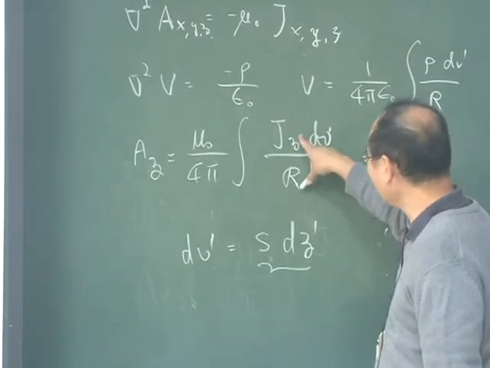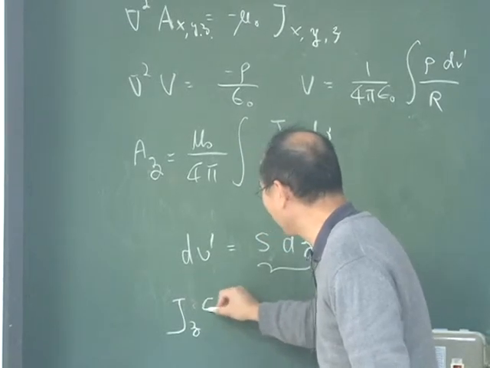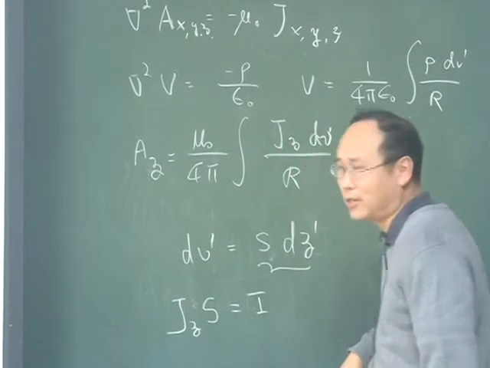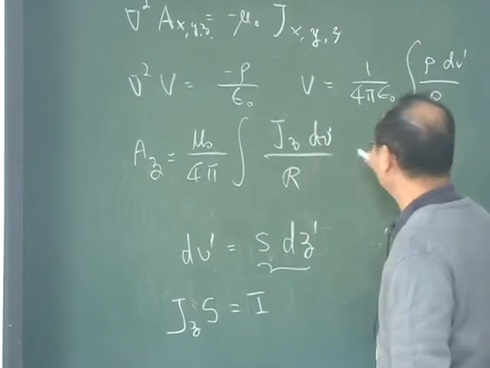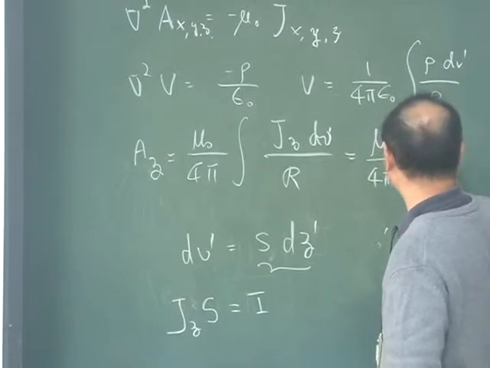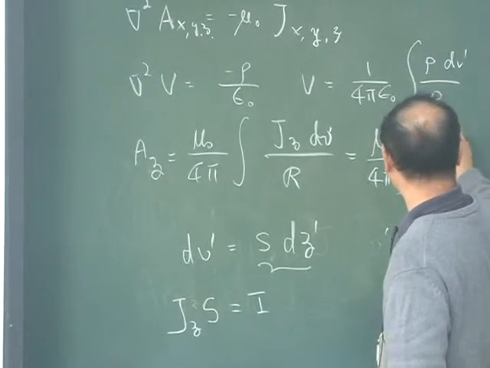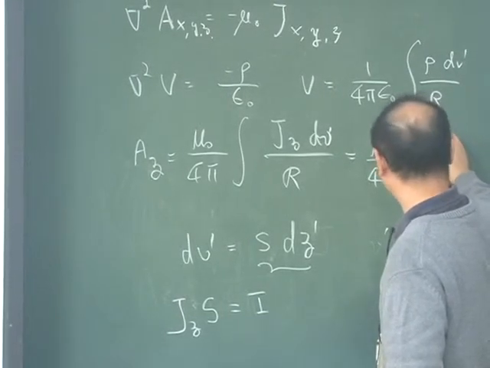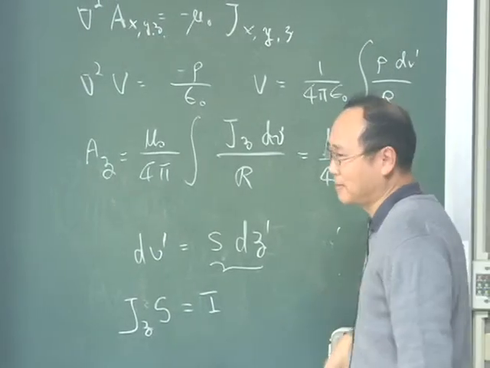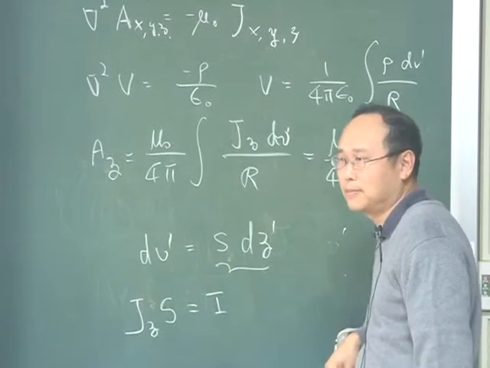And Jz multiplied by S gives you the current inside this wire. So what you need to do basically is mu naught over 4 pi R integration of dz prime, and the whole thing is along the z direction.